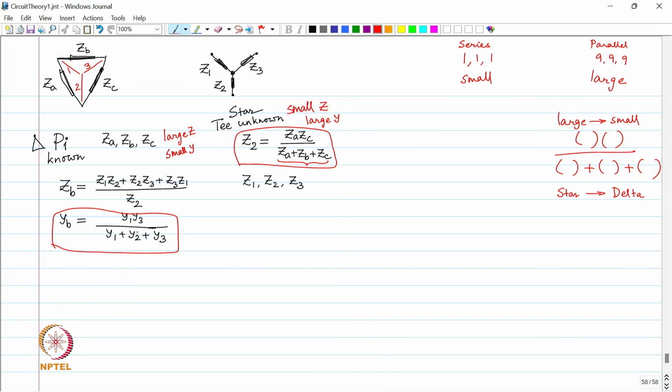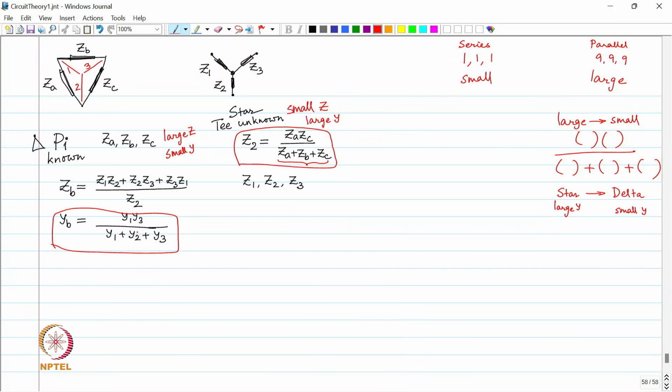Okay. The star network has low resistance, high conductances, and the delta network will therefore need low conductance, because the conductances are going to add up in the delta.